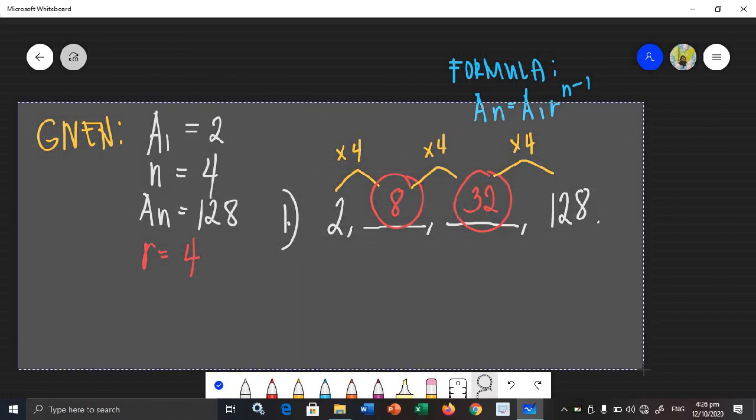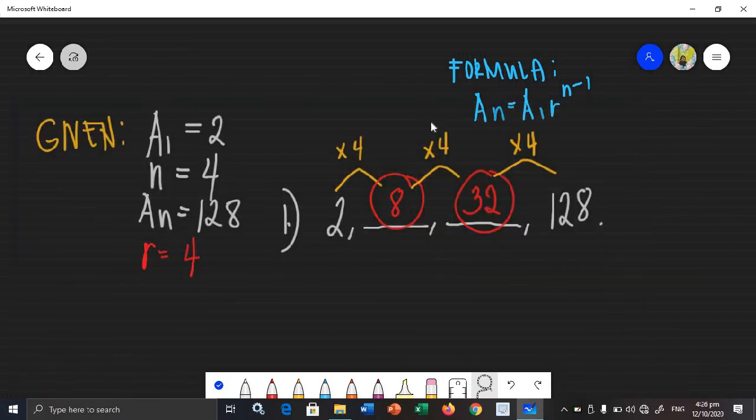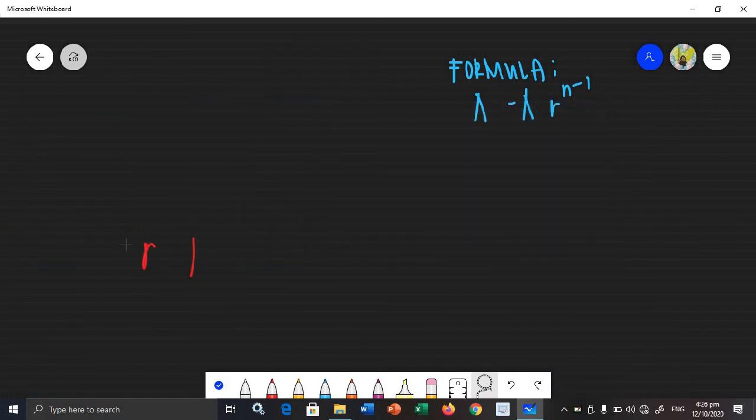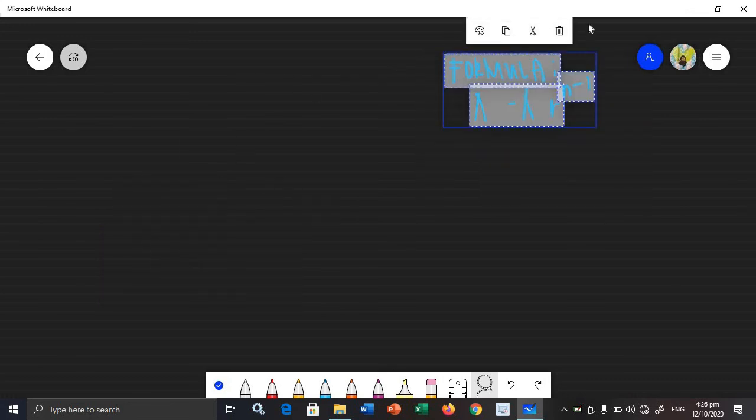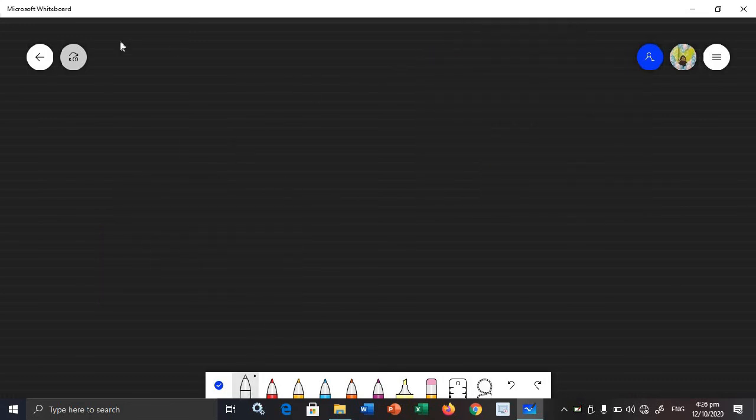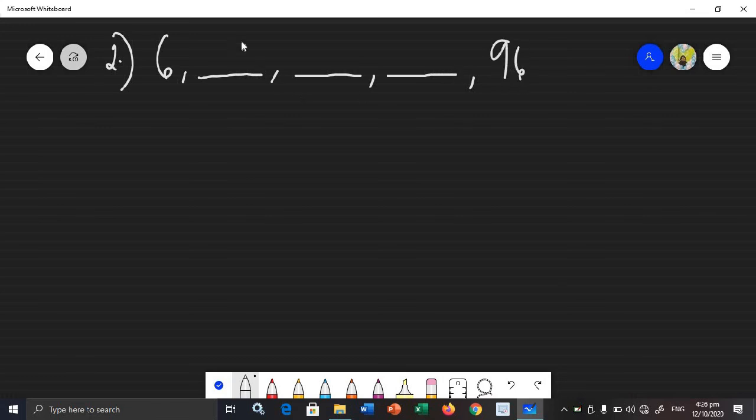And then, let's say we have another example or given. Let's solve given number 2 in geometric means. Find the missing term in the geometric sequence. 6, and then blank, blank, blank, and then 96.